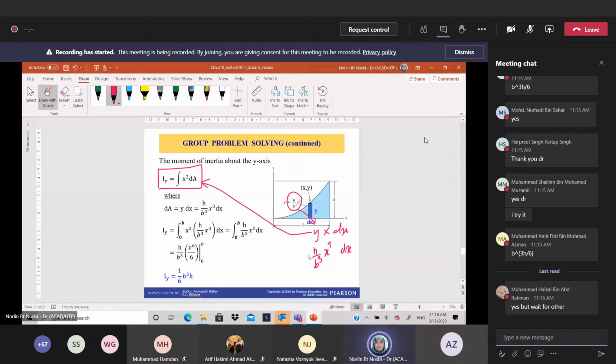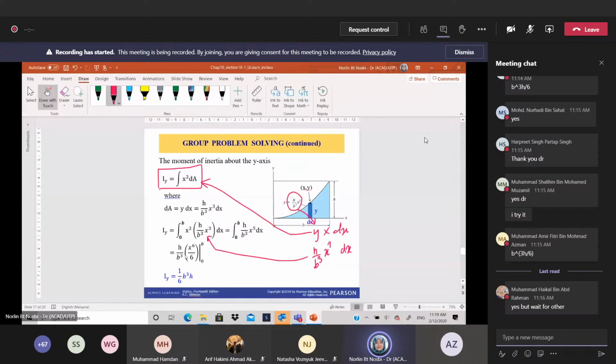So you have to do the integration. Okay, you put it back in the equation and then you do the integration. x to the power 2 times x to the power 3 will be x to the power 5. So you do the integration, x to the power 5 plus 1 over the value, so it will be x to the power 6 over 6.